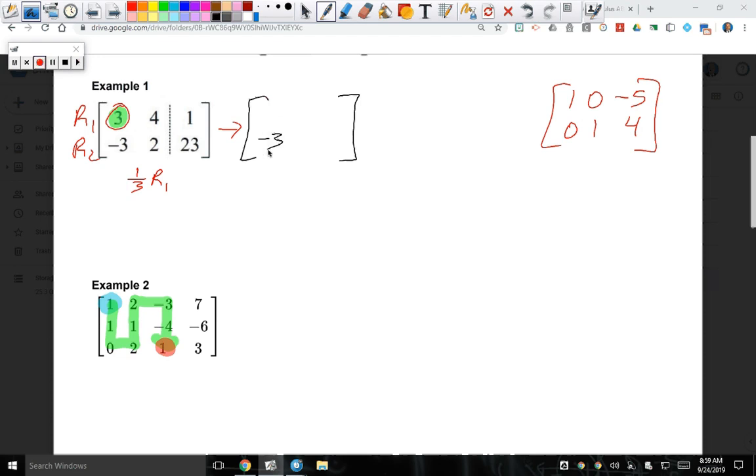Nothing happened to row 2. But what happened to row 1 was the following. This became 1, this became 4/3, and this became 1/3. Okay, first step done. Remember the roadmap.